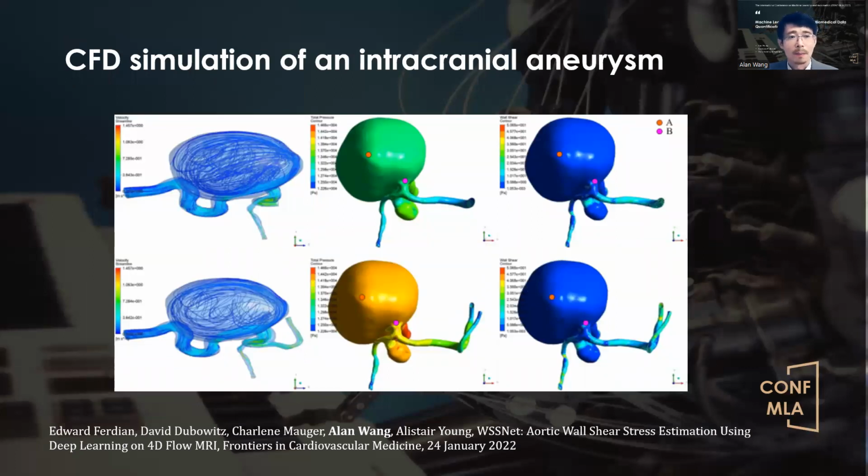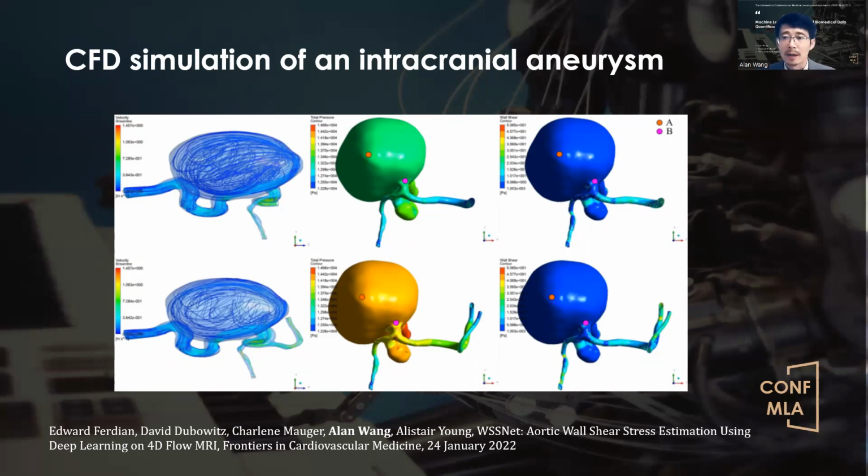Machine learning can also be applied to derive computational fluid dynamic simulation metrics. For example, based on the personalized intracranial aneurysm morphometry, which can be segmented from the CT images, we can perform the computational fluid dynamic simulation to derive important metrics, such as the speed and the shear stress.